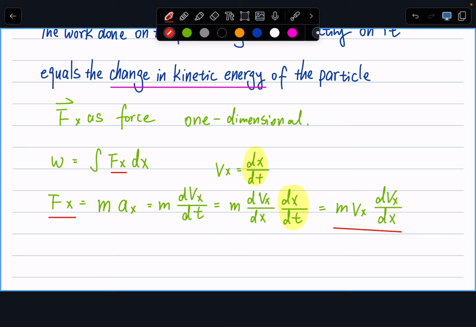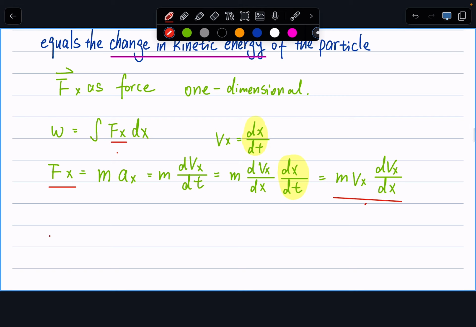So putting this expression of Fx into our work derivative, we get W equals mVx dVx over dx times dx. Now this dx gets canceled out. We get our work equals the integral of mVx dVx.